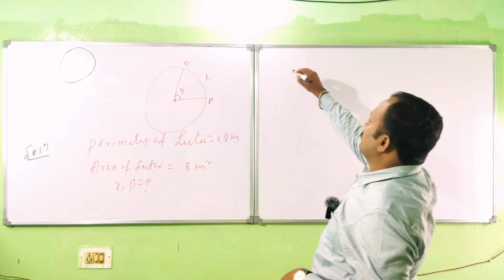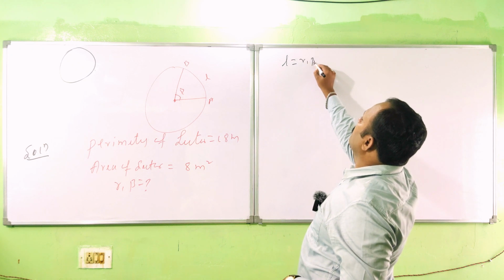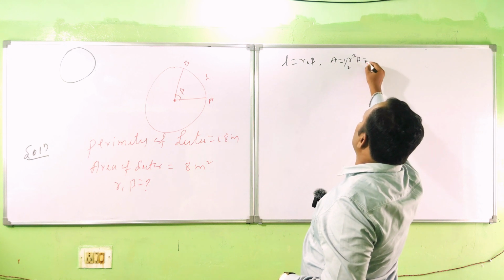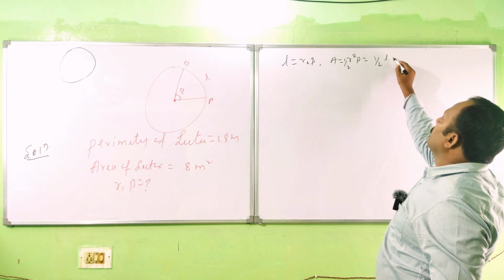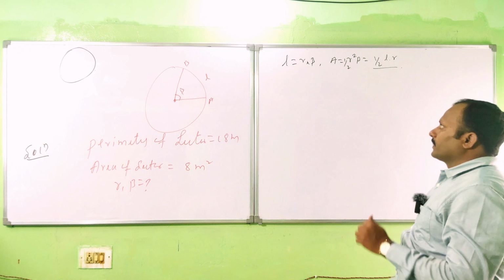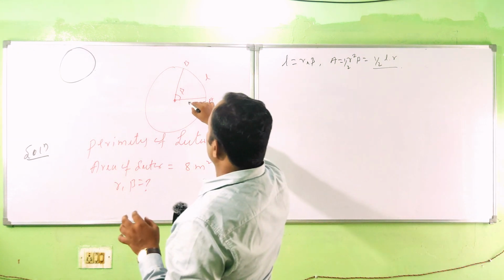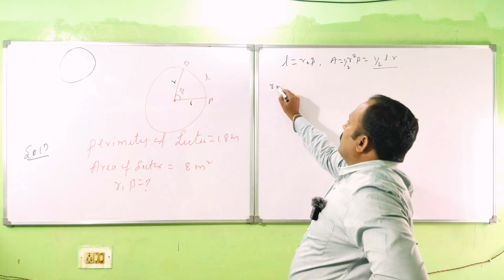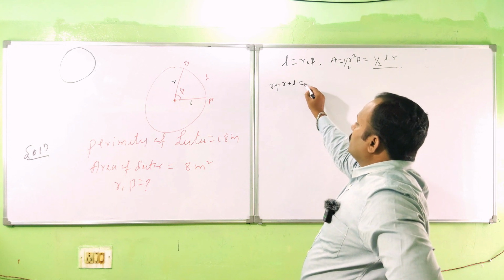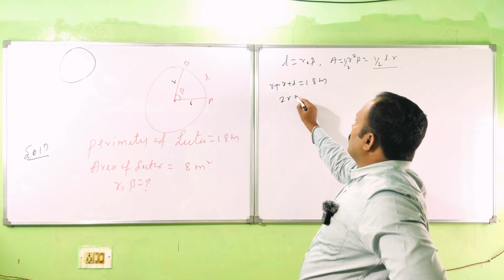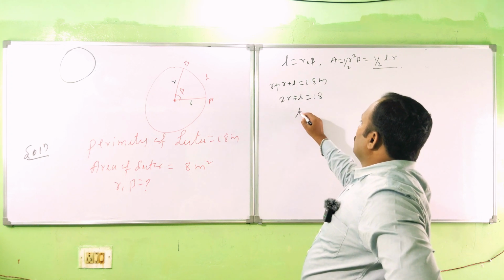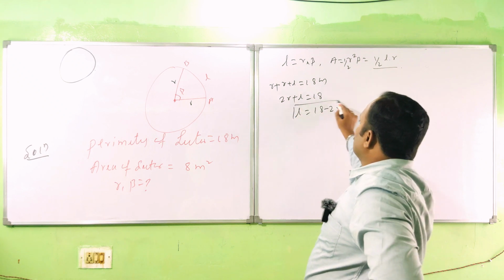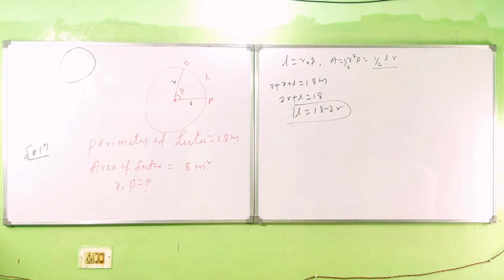What are our formulas? L is equal to R into beta, and area is 1 by 2 R square into beta, or 1 by 2 L into R. The perimeter of the sector is 2R plus L, which is equal to 18 meters. So L is equal to 18 minus 2R. First condition.